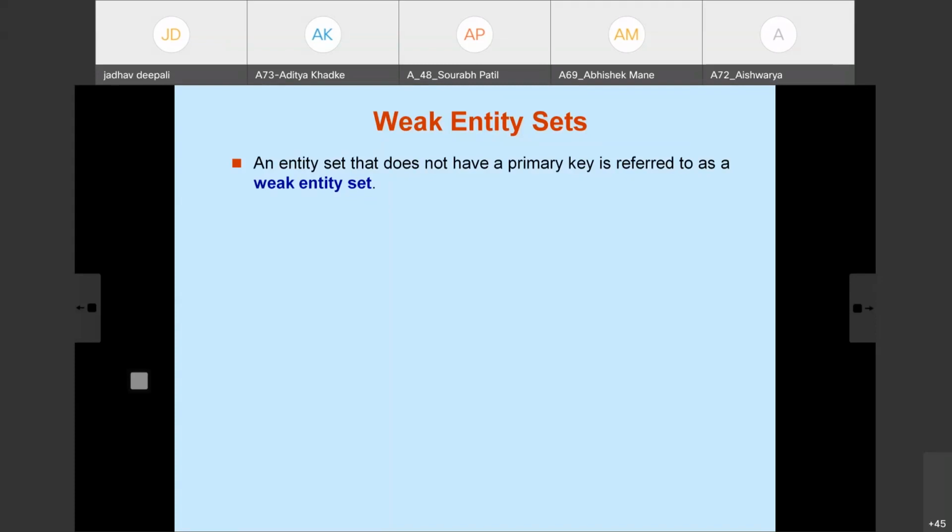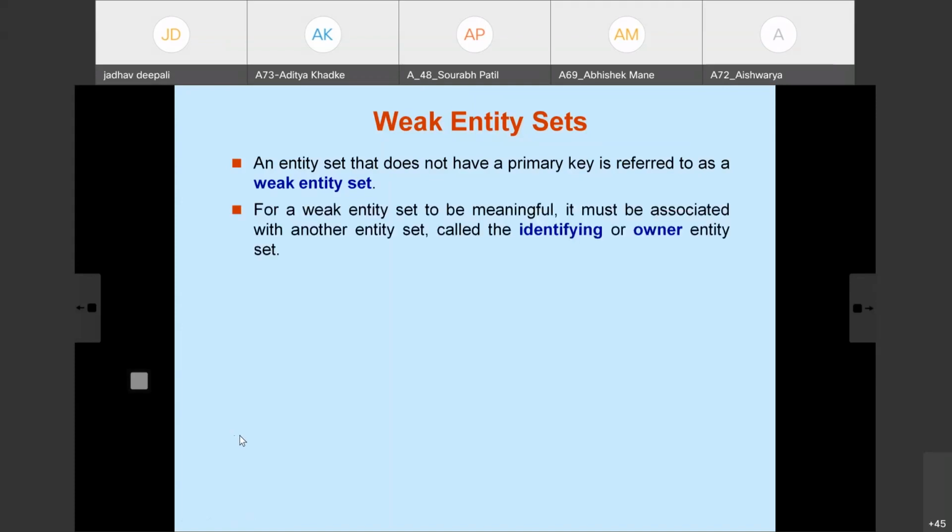But an entity set that does not have a primary key is referred to as a weak entity set. Now we are going to learn it with the help of an example.